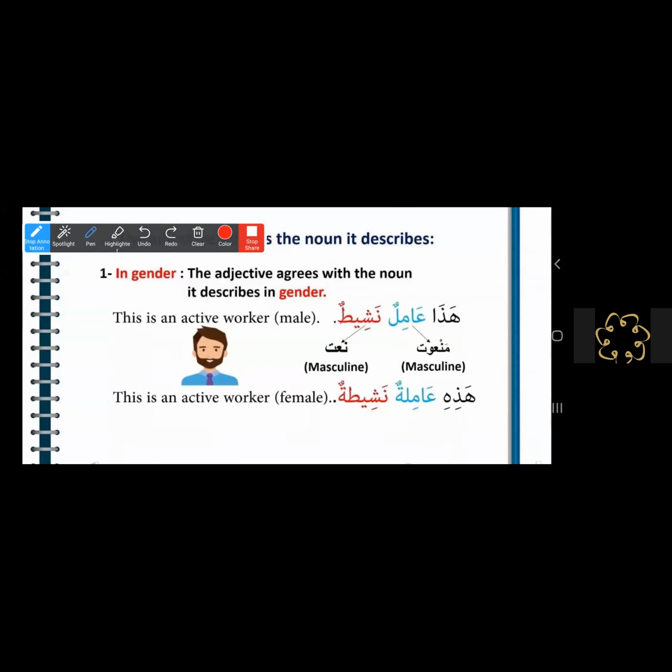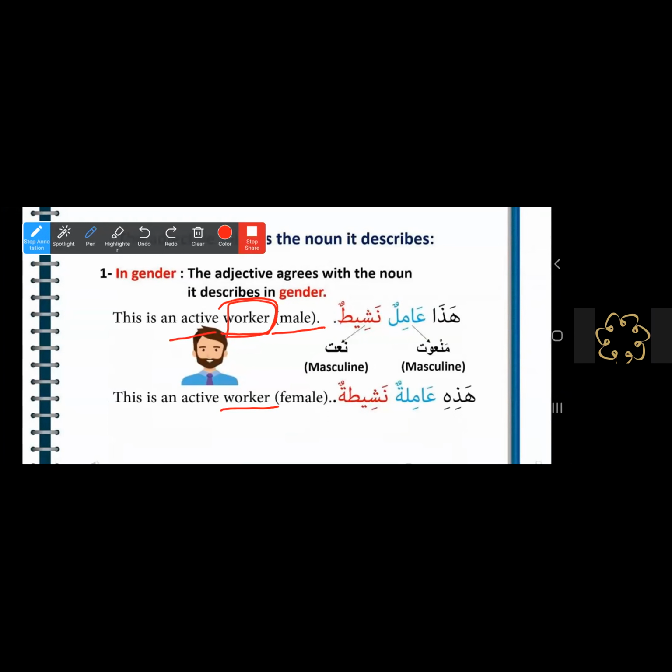Something about adjectives you need to know. There are two parts. One is the noun, and like in English, you say this is an active worker. You are telling us about the worker. تمام? Active. In English, there is no difference. You say active worker for male and active worker for female. I can say Farzana is active, Muhammad is active. Same word. But in Arabic, the adjective has to follow its noun.